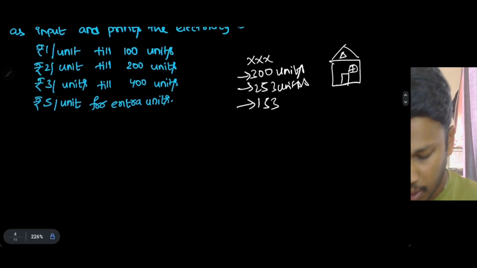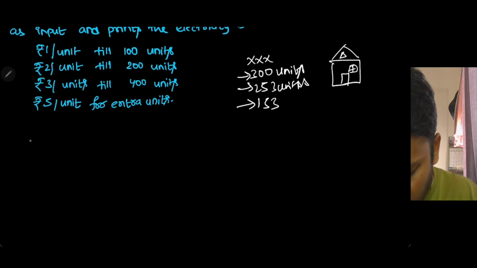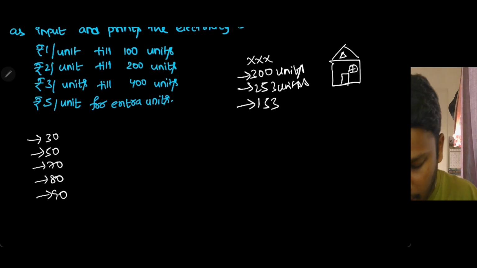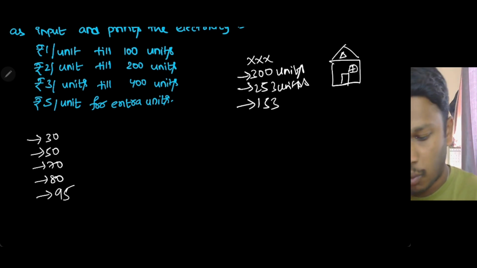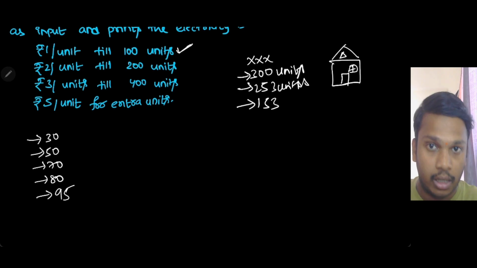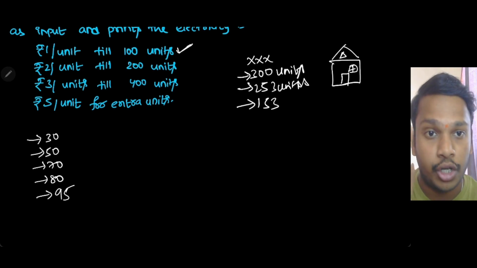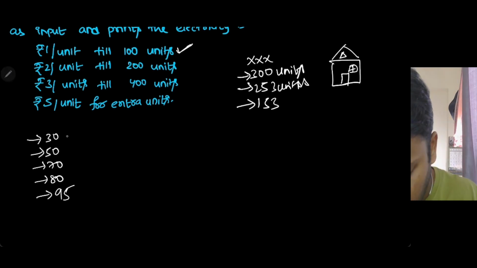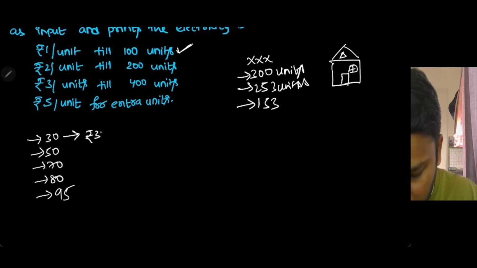Listen carefully. For example 30 units, 50 units, 70 units, 80 units, 90 units, or else 95 units. First, what did they say? Till 100 units, what should they pay? 1 rupee per unit. If 30 units, sir, your bill is 30 rupees.